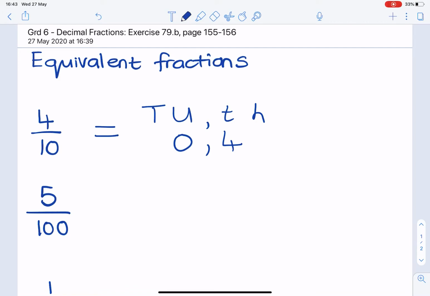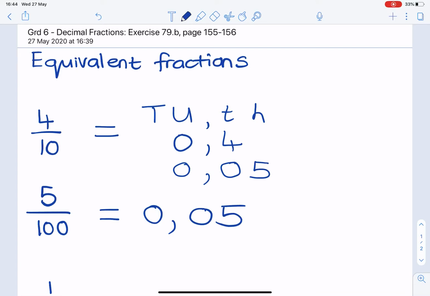So 4/10 is 0,4. 5/100 has to end in the hundredths column, so it will go into the hundredths column, and then we fill the other spaces with zeros.